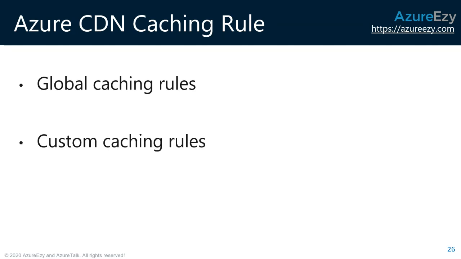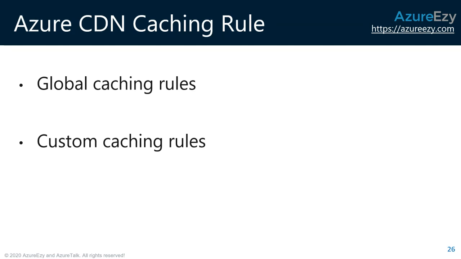One thing is you have a default caching behavior that is configured on your origin web server, origin application. Then you can configure these two caching rules on your CDN: one is a global caching rule, another is a custom caching rule. With respect to the global caching rule, you can configure one caching rule for each endpoint in your CDN profile.